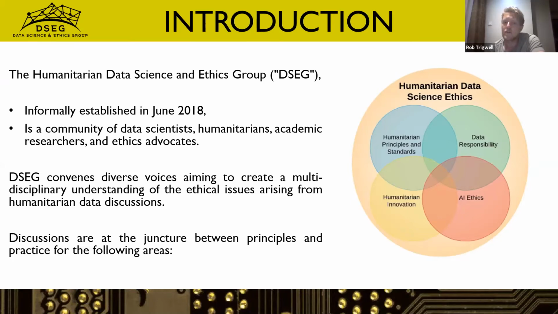In 2018, we as IOM established a group called the Humanitarian Data Science and Ethics Group, DSEG. DSEG has a much better acronym than HDSEG. Basically the idea is that it was humanitarian practitioners, data scientists, academic researchers, and ethics advocates. The idea was that we'd create a multidisciplinary voice on the academic side, but also on the humanitarian practitioner side.